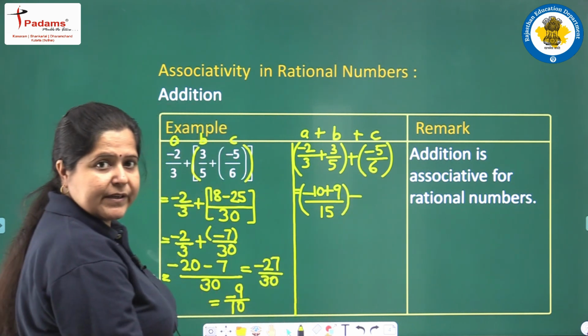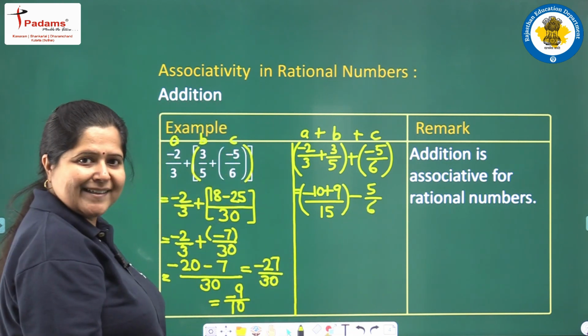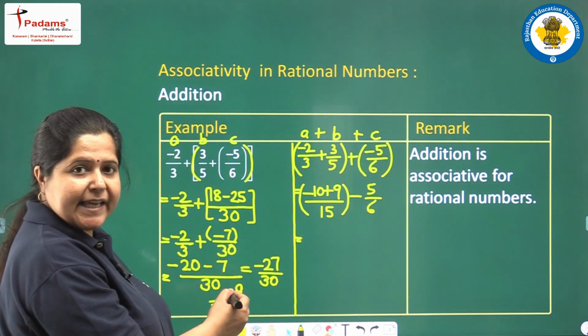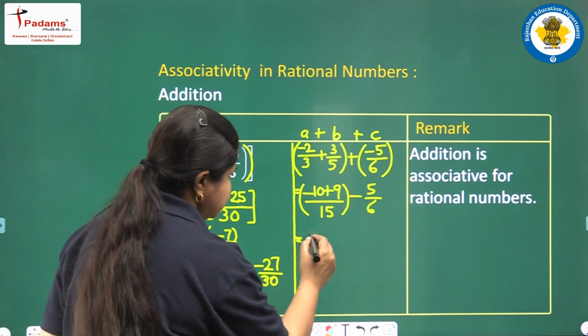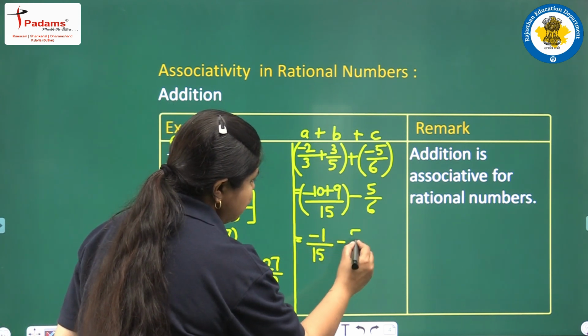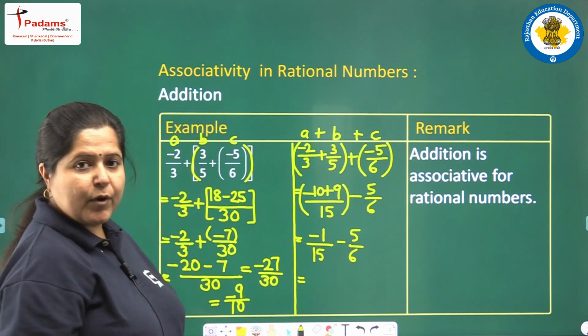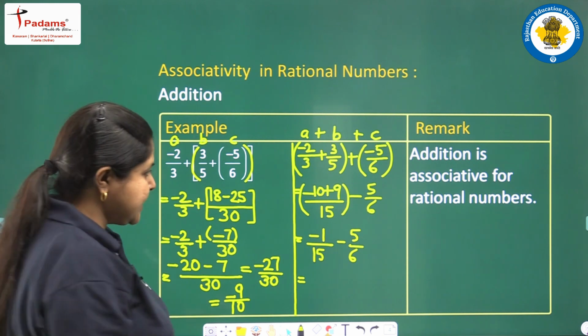minus plus minus will give us minus 5 by 6. Clear? Then minus 10 plus 9 will be minus 1 upon 15 minus 5 upon 6. Now the LCM of 15 and 6 will be 30.